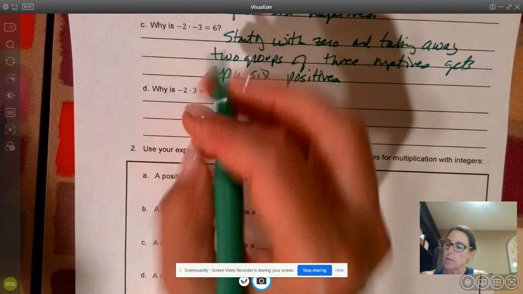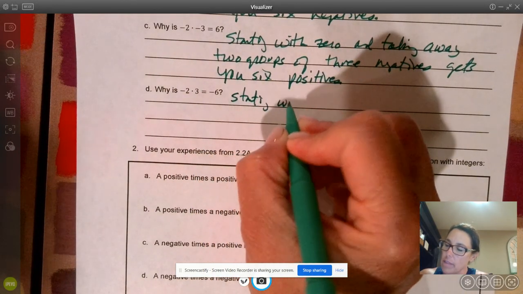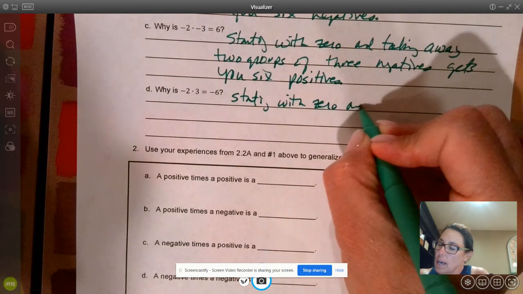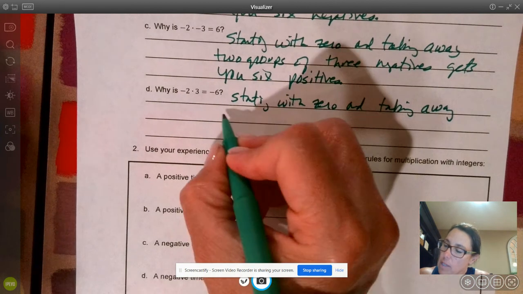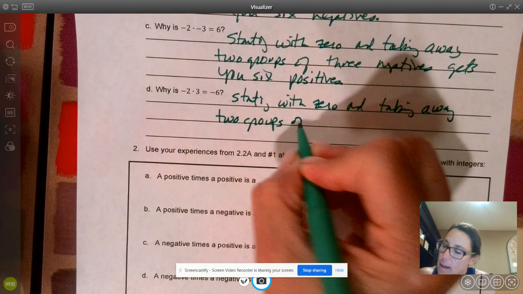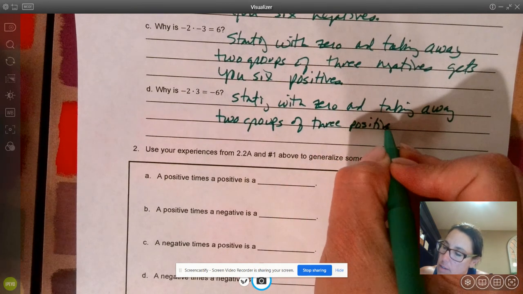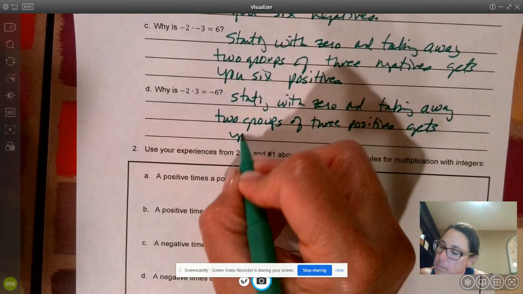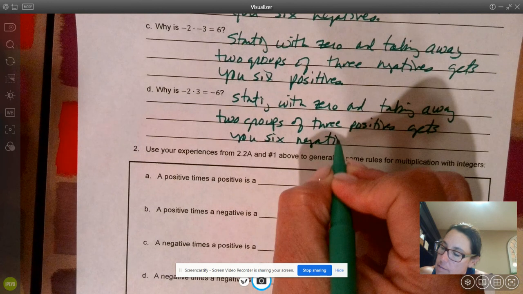So this one, starting with 0 and taking away two groups of 3 positives gets you 6 negatives.